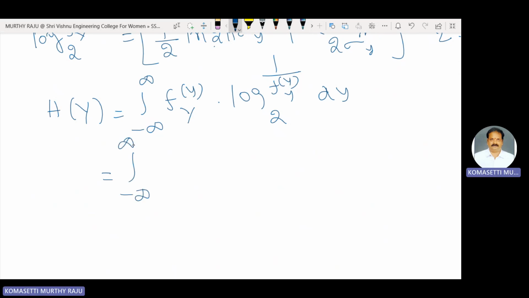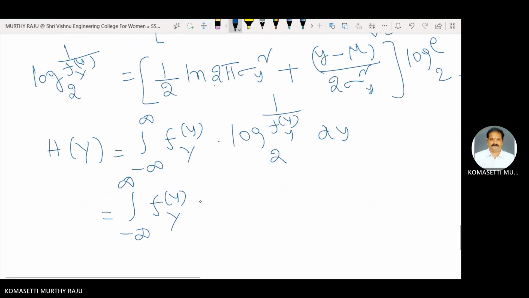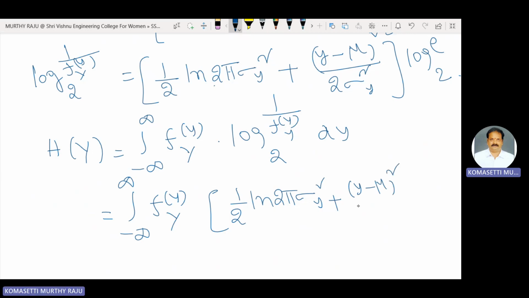Minus infinity to plus infinity f of y suffix capital Y, log 1 by f of y to the base 2 is 1 by 2 ln 2 pi sigma y square plus (y minus mu) whole square by 2 sigma square, into log e to the base 2 dy.